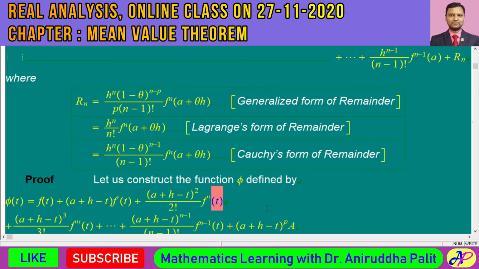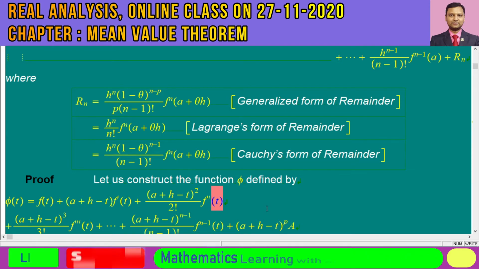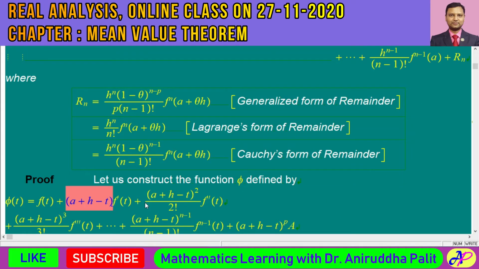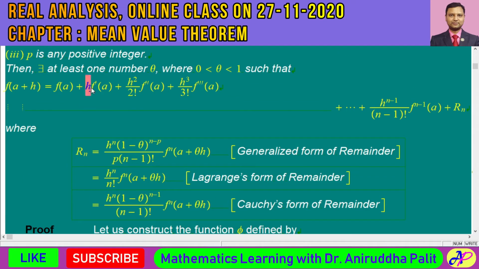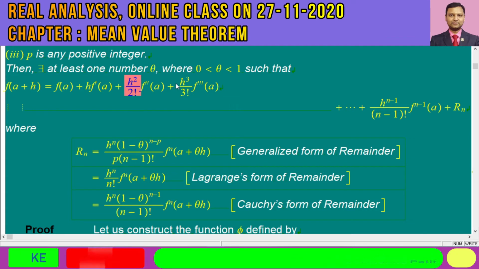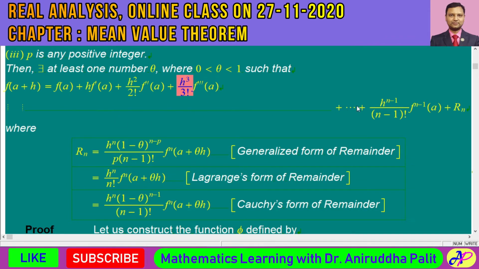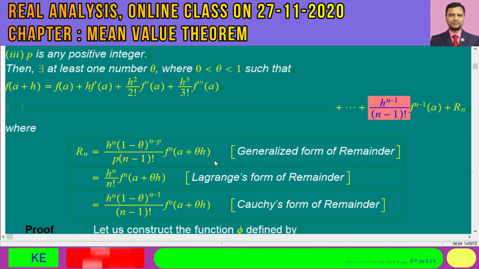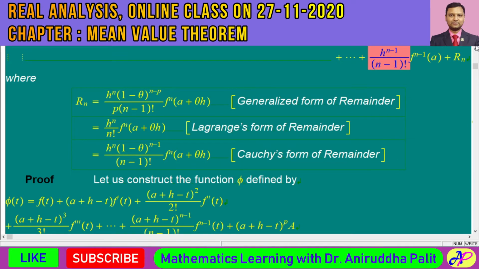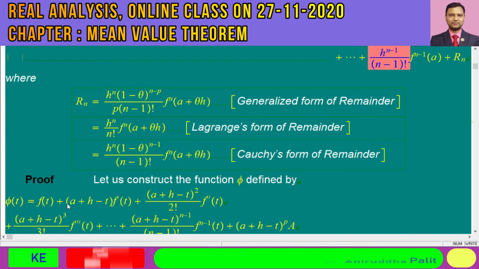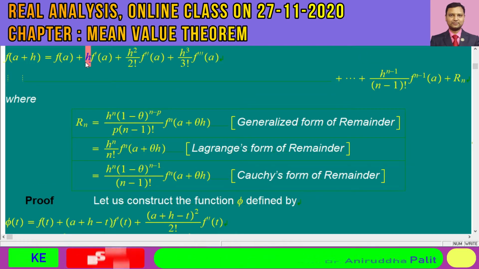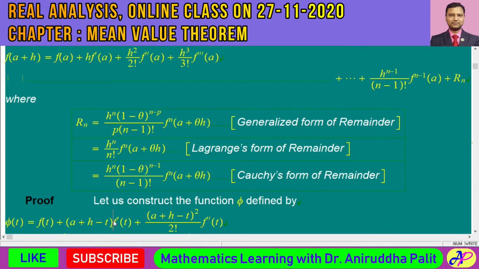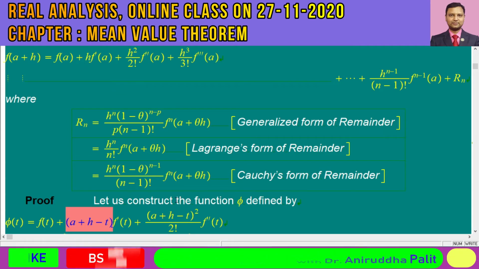Now, in order to construct the remaining expression, these coefficients, what we are doing, we are replacing this h, whatever we have, h square by factorial of 2 or h cube by factorial of 3, in each and every coefficient, by a plus h minus t. You see, over here we have h into f dash a, so this is replaced by a plus h minus t.